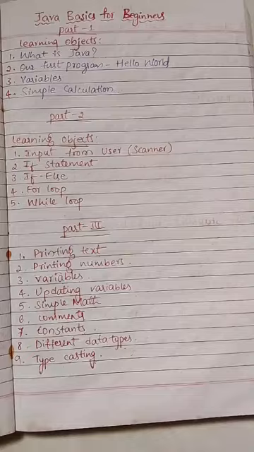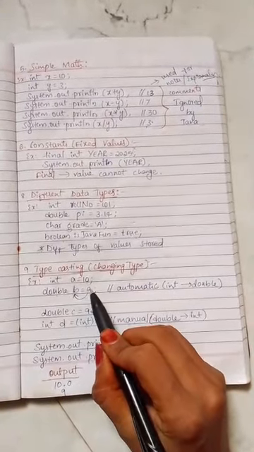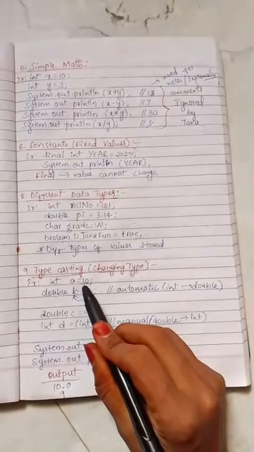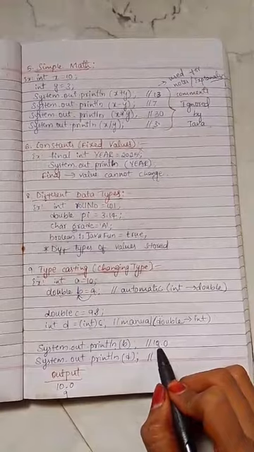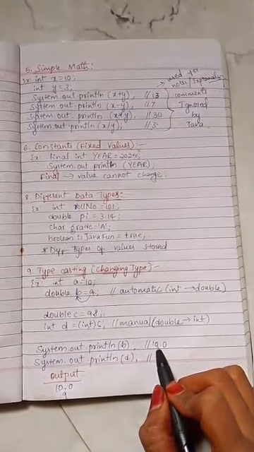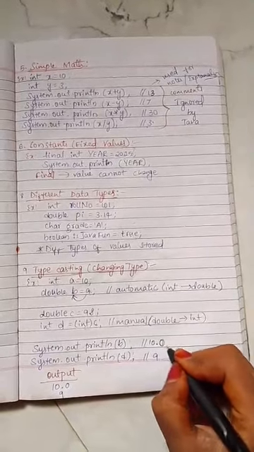Here, System.out.println b will go to b. b is equal to a, no? What is the value of a? 10. It will print 10 as the output. But it is a double, that's why it prints 10.0.